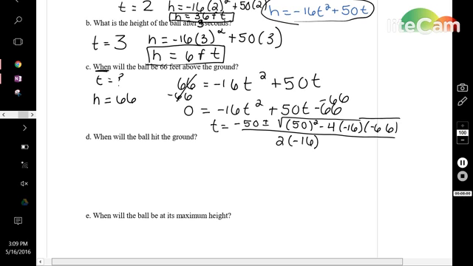So the opposite of b was negative 50, plugged in b squared minus 4 times a times c all over 2 times a. When I go to plug this in to evaluate my discriminant, I end up with negative 50 plus or minus the square root of negative 1,720.